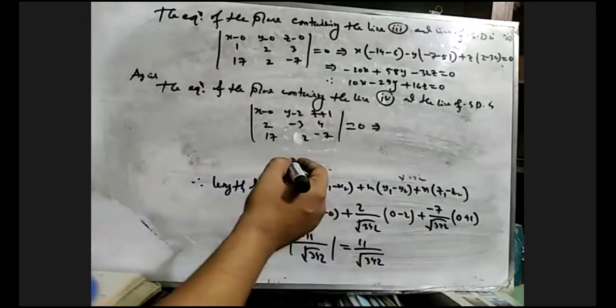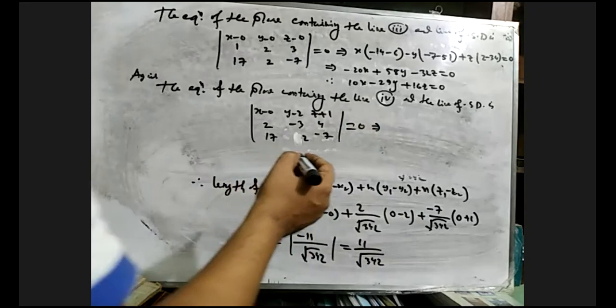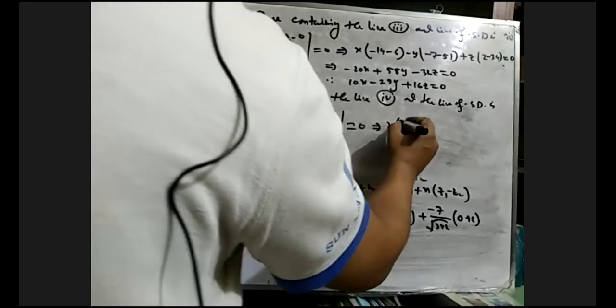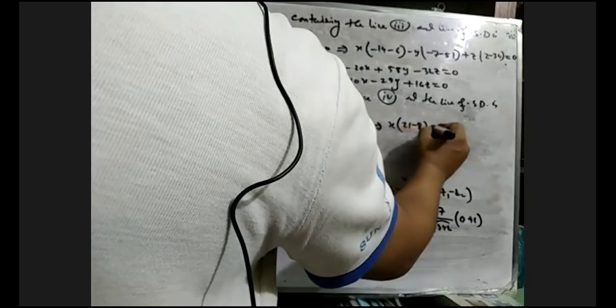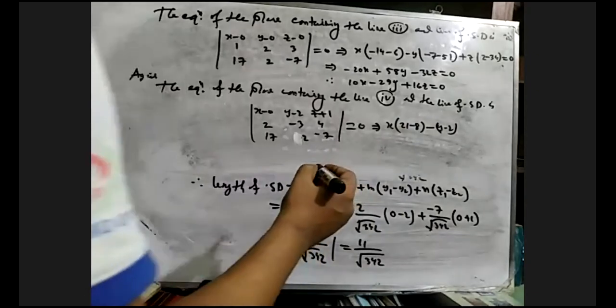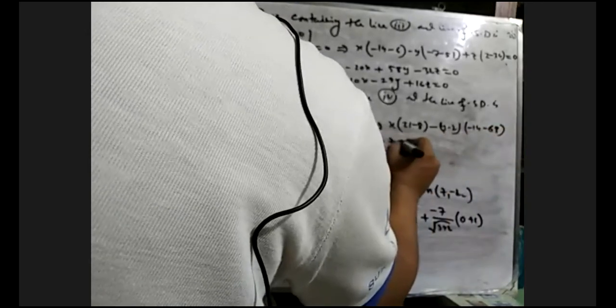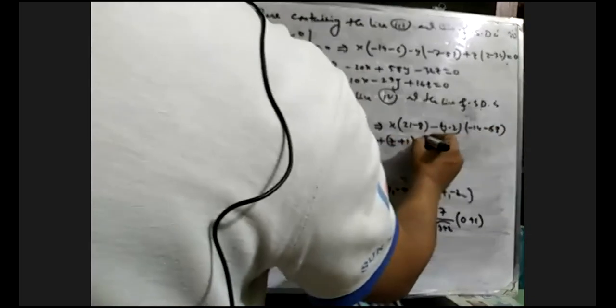That means solving this, we get x into 21 minus 8, minus y minus 2 into minus 14 minus 68, plus z plus 1 into 4 plus 51.